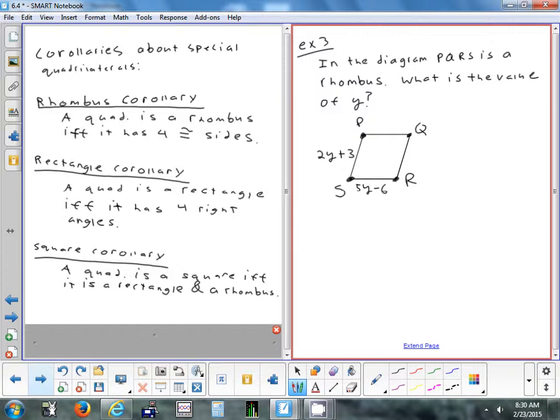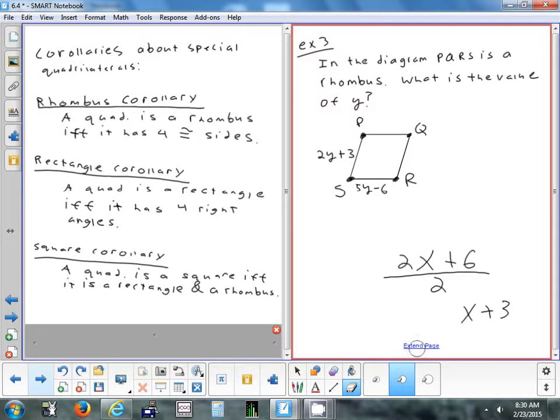So we got to have an equal sign in here somewhere. If we just have an expression, like let's say you had something like 2x plus 6 after you add a bunch of stuff up and then you divide by something, all you're going to get is another expression. All right, so that's a good guess.